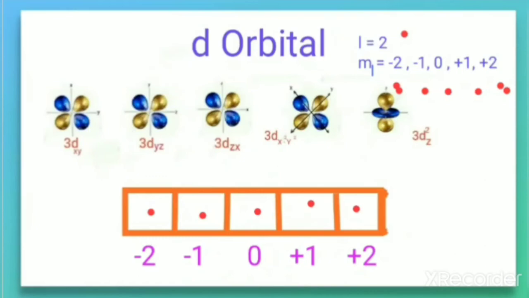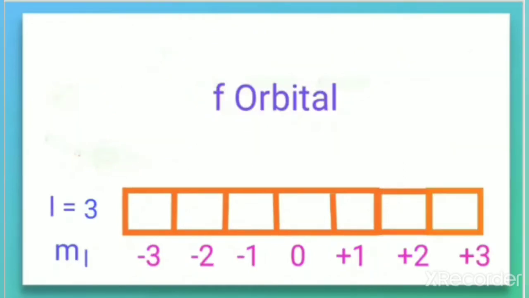That means the electrons are present in a particular energy level in a particular orbital. So depending upon the position of the electron, we can say that the electron can be in any of these orbitals. For the f orbital, because there are 7 orientations, 7 boxes are made. As the azimuthal quantum number L is equal to 3 for the f orbital, the possible values of ml are -3, -2, -1, 0, +1, +2 and +3.